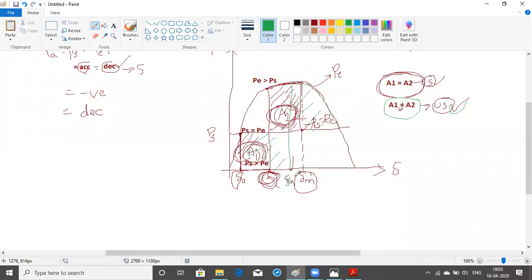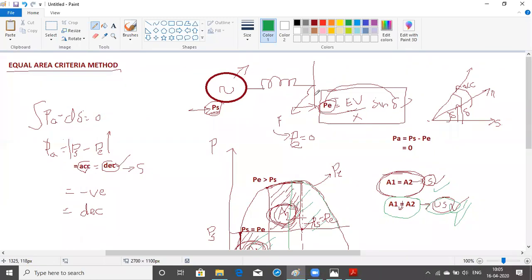Why? Because the fault is not cleared at that time. The fault is cleared very late. If the fault duration is more, if the fault clearing time is more, then what happens? Automatically the synchronous machine will operate under unstable operation. So this is the equal area criteria method, which decides whether it operates stable or unstable based on the fault clearing time.